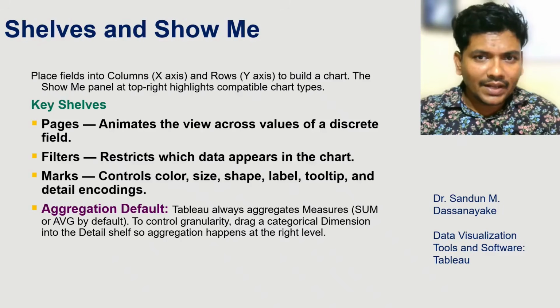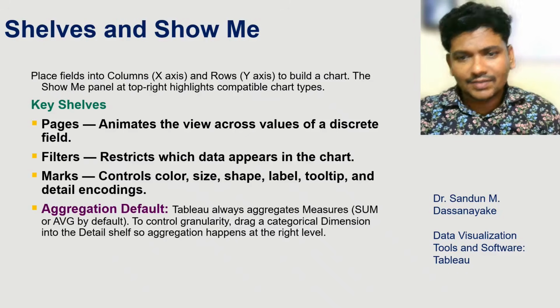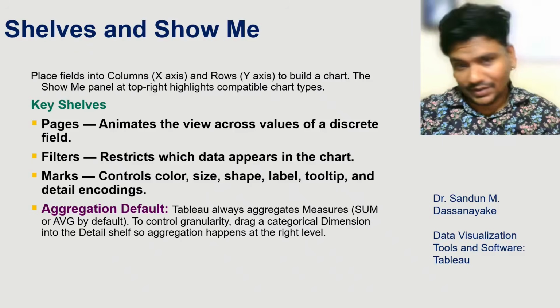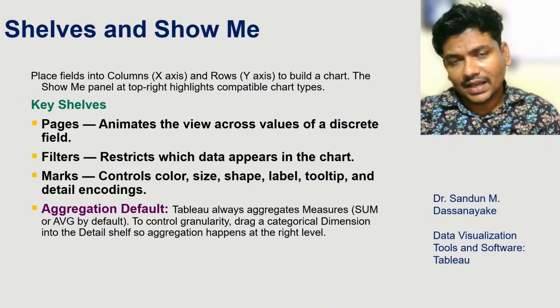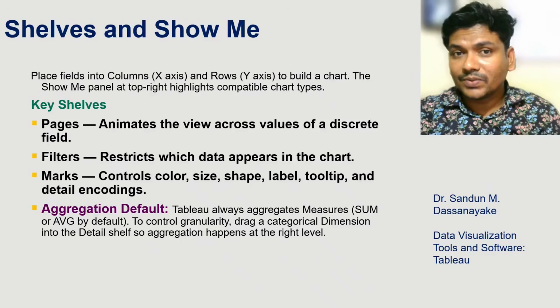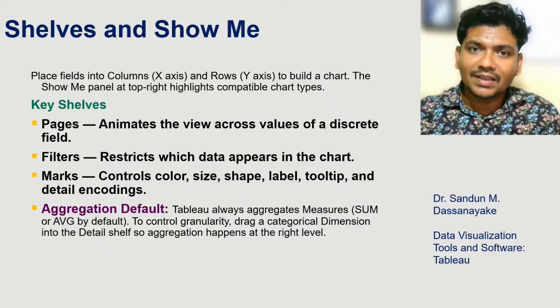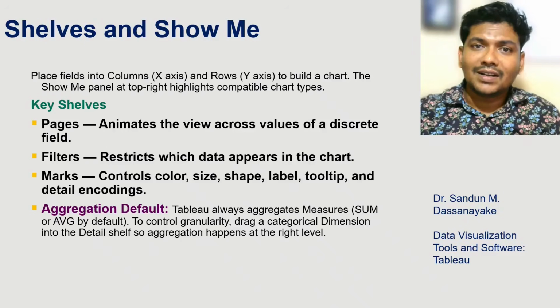The numerical values are aggregated based on sum, average, and so on. To control granularity, drag a categorical dimension into the detail shelf so aggregation happens at the level that you want. You will find this when I do the lab session using the year as a categorical variable. Now let's dive into the lab session video.